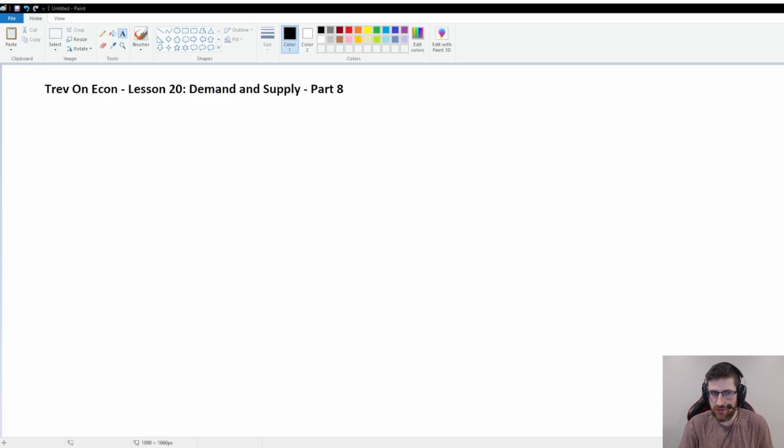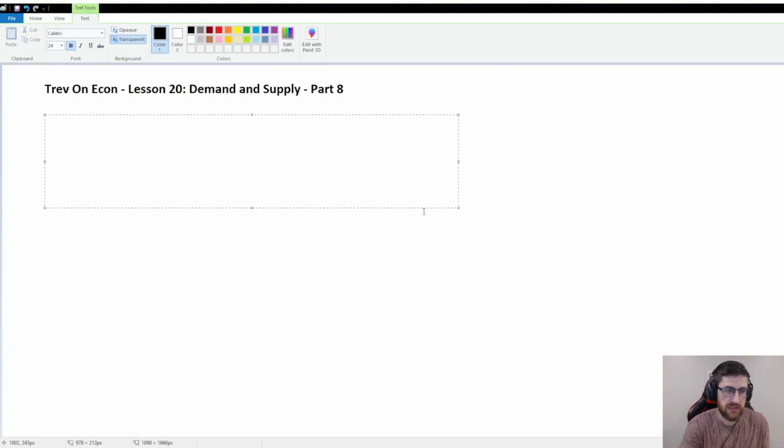So the first thing I want to do is go through an example problem and talk about the steps that I would use to work through any sort of demand and supply problem. So I'm going to make up an event here. We're going to make it a double event, just spoiler alert, but we're going to say your income, let's make it a little more obscure.